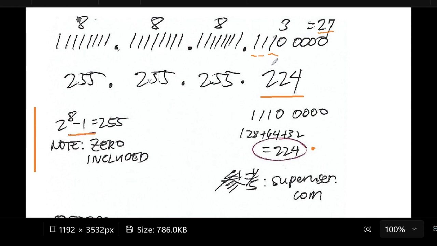Now, for the last part, the rightmost part, how did we get 224?